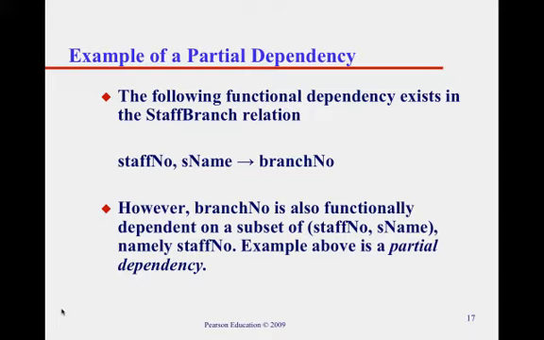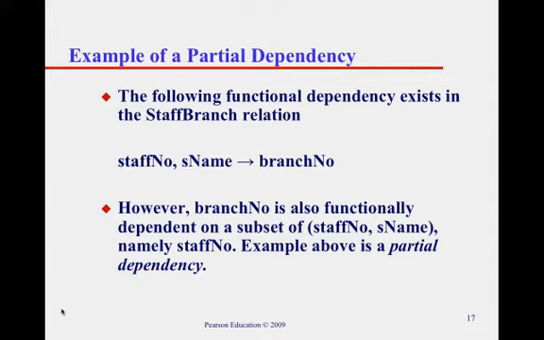So as an example, here we have that a staff number and a staff name uniquely determine a branch number. If we know someone's staff number and staff name, then we know their branch. What can we remove from that determinant and still uniquely determine the branch number? Staff name. If we only keep staff number, we still uniquely determine branch number. So we call the dependency you see there a partial dependency.